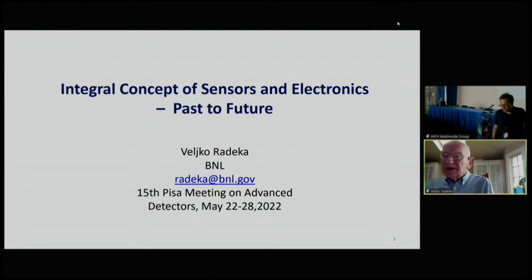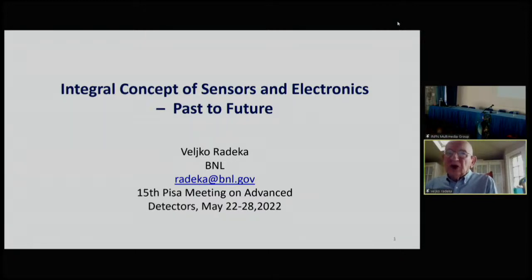So I've been asked by the organizers to say something about the past developments and possibly the future. Now, looking at this title, a reasonable reaction would be that all of us who have been working on advanced detectors have been practicing the integral concept of sensors and electronics.